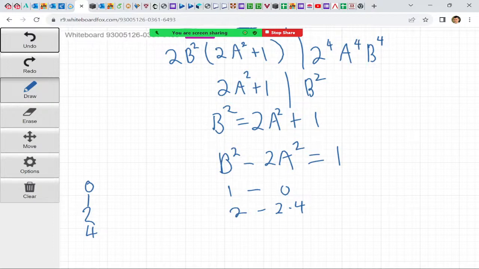What else is there? 1 minus 0, 2 minus 1. You can't really get 4 minus anything, it doesn't work, right? These are the only possibilities, would you say? Yeah?